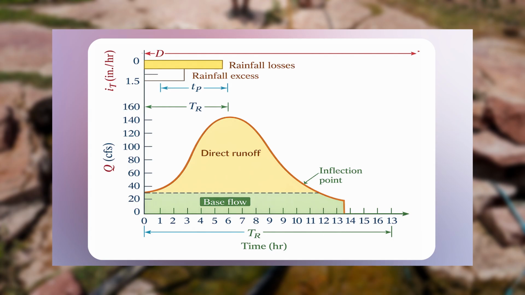In other words, the shape and characteristics of the direct runoff hydrograph produced by a specific rainfall input are assumed to be the same regardless of when the storm occurs. Although basin conditions such as soil moisture, vegetation cover, and land use may vary seasonally, the unit hydrograph theory assumes these changes do not considerably affect the overall basin response.